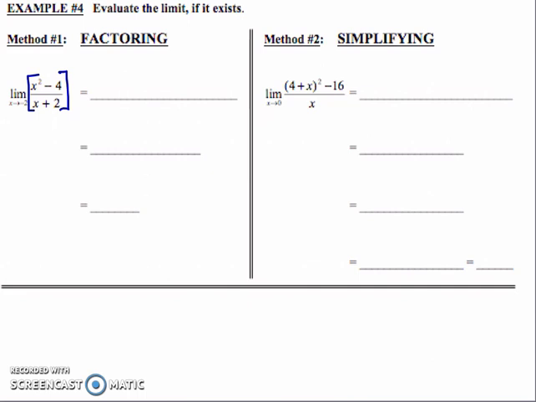Here we can't use direct substitution because x equals -2 would make this function undefined. So we can't do direct substitution. And we also can't use the limit of a quotient because the limit of the denominator would equal 0.